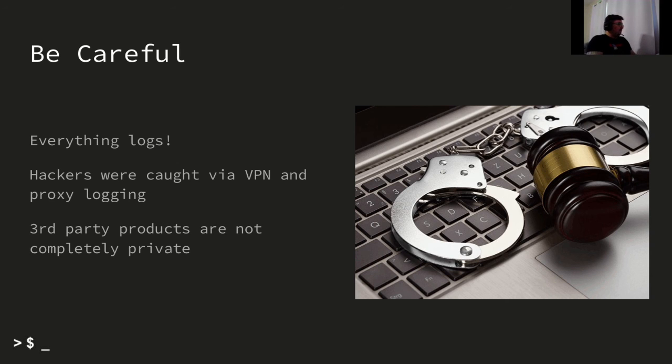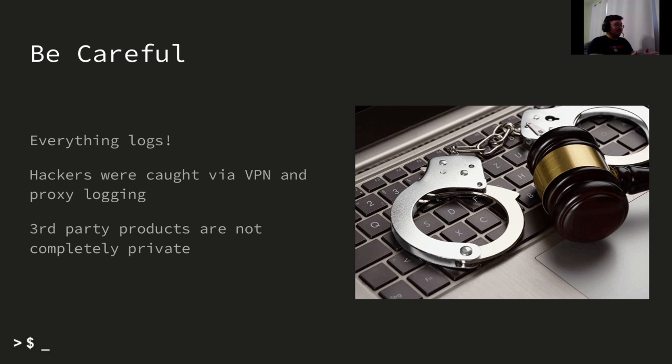And then probably even more famously is LulzSec. I'm not going to say terrorists, but they're a hacker group that does a lot of questionable things. Back in 2011, one of their members was trying to use a proxy called Hide My Ass to hide his nefarious work.